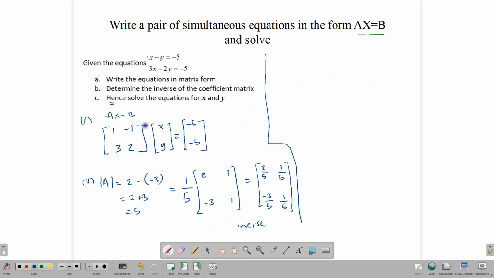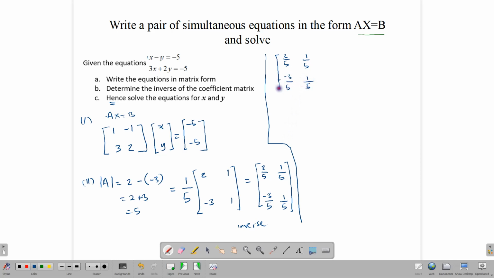So to solve it, we're going to multiply the inverse times this. So we're going to have 2 over 5, 1 over 5, negative 3 over 5, and 1 over 5.